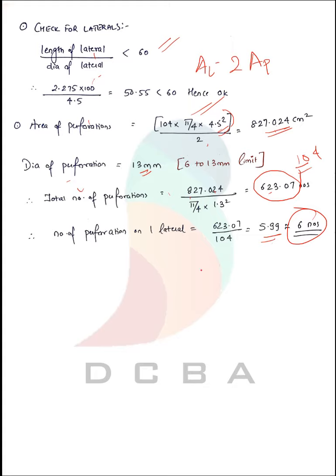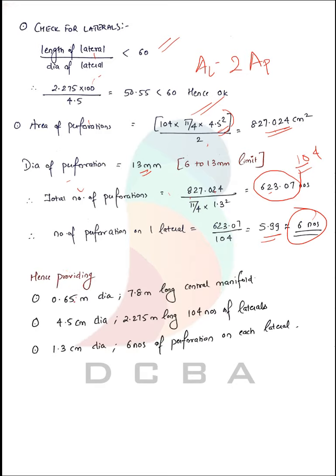So every lateral will have 6 numbers of perforations on it for the water to come, hence providing 0.65 meters dia and 7.8 meters long central manifold, 4.5 centimeter dia and 2.275 meter long 104 numbers of laterals, and 1.3 centimeter dia 6 numbers of perforation on each lateral.